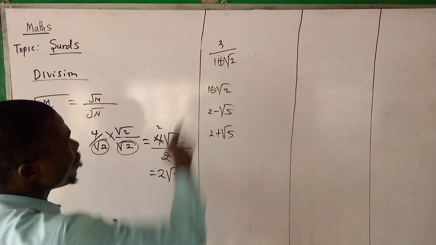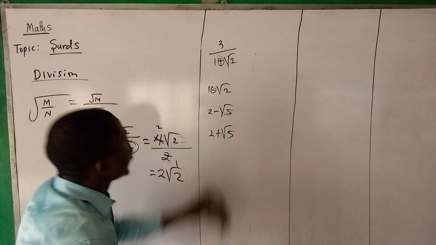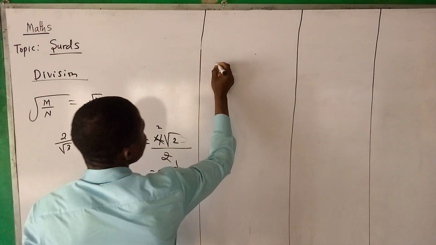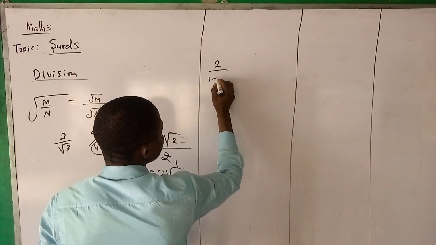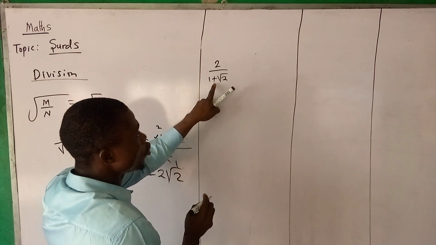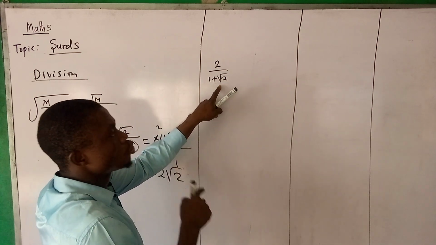So what we do here is that for you to divide this type of surd, you first of all recognize its conjugate, right? Which I have told you is 1 minus surd 2.